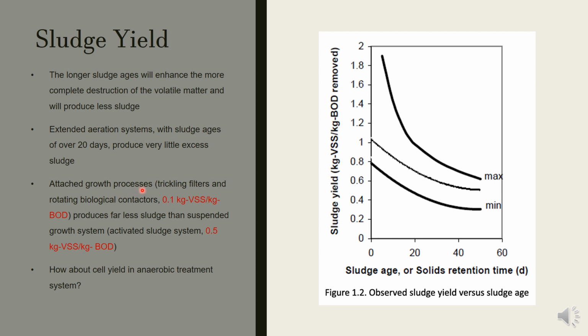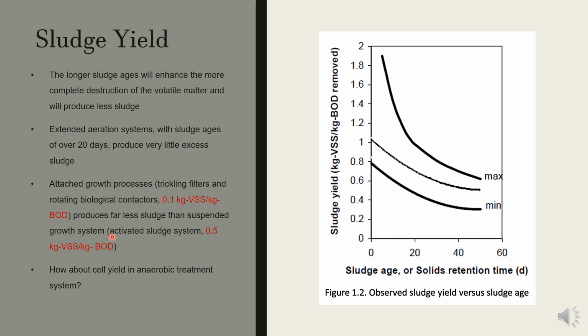Attached growth processes such as trickling filters and rotating biological contactors have very low sludge yield, 0.1 kilogram VSS per kilogram BOD. But suspended growth systems have much larger sludge yield.